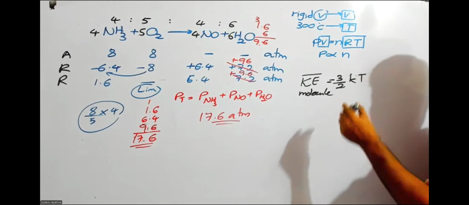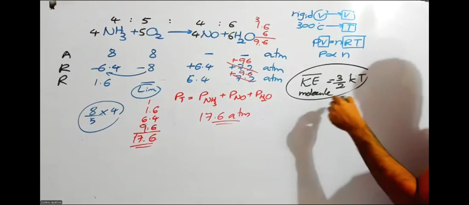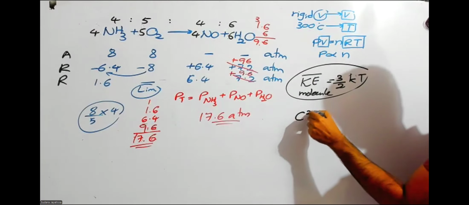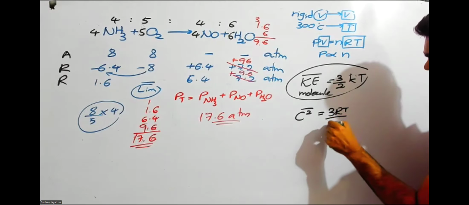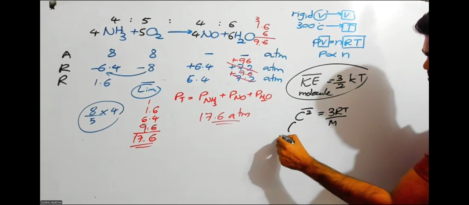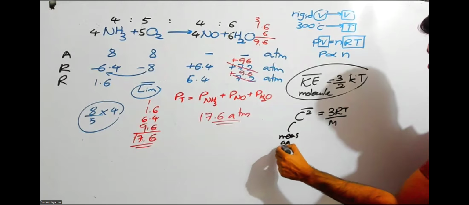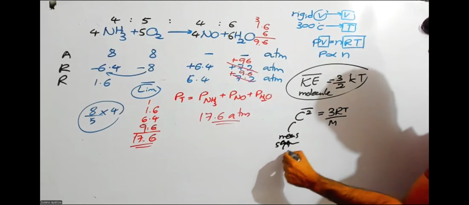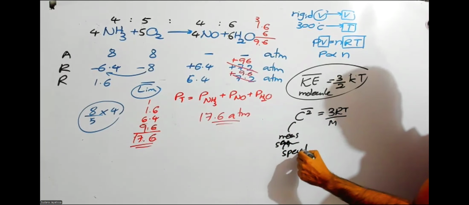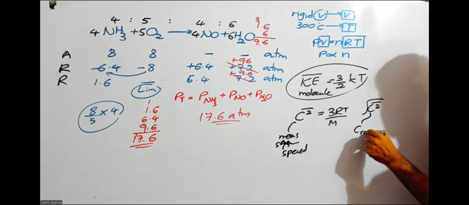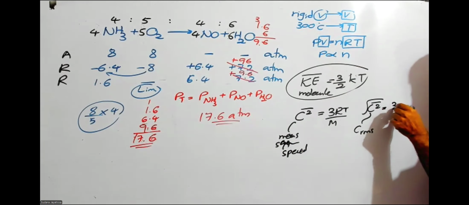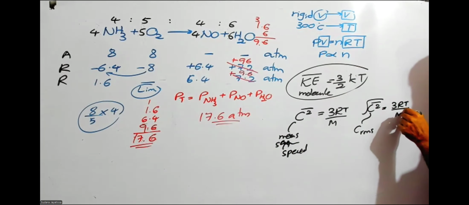Not this equation. There's another equation, right? Before deriving this, C square bar equal 3RT over capital M. And this is mean square speed. And there is another one, C square bar root, which we call as C_rms. That is equal to root of 3RT over capital M.